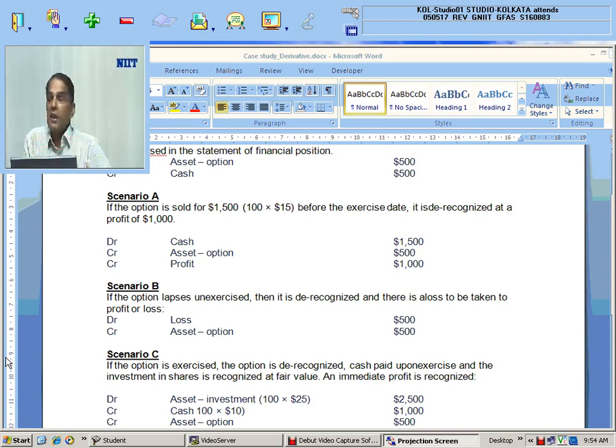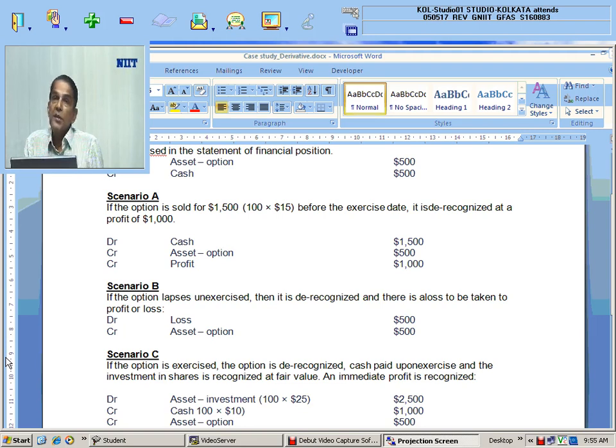But what is the value of the investment? The fair value of the investment is $2,500, that is the CDPLC share price, $25 into 100. So by exercising that option contract, you are creating a new investment, a financial asset, but the earlier financial asset has to be derecognized also.